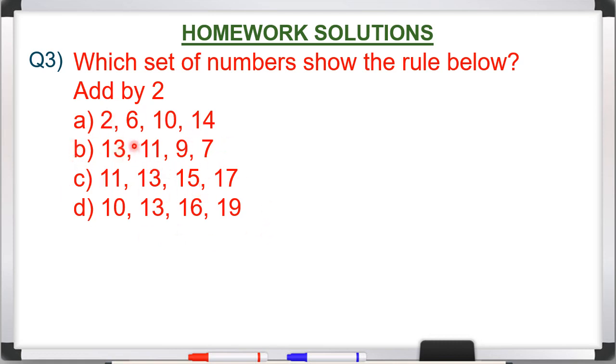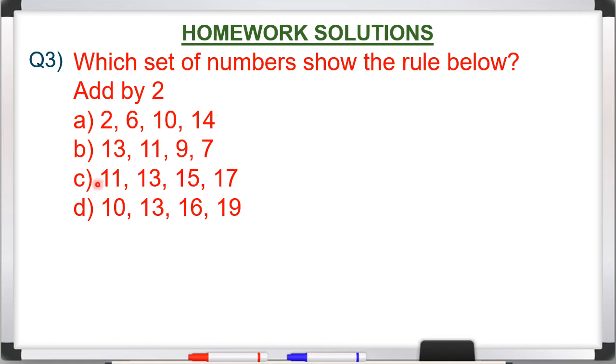Okay, what does it mean, beta? Here you have to tell which set of numbers. Here set of numbers are given in four options. You have to tell which set of numbers show the rule of adding by 2. So that set is option C 11, 13, 15, 17.